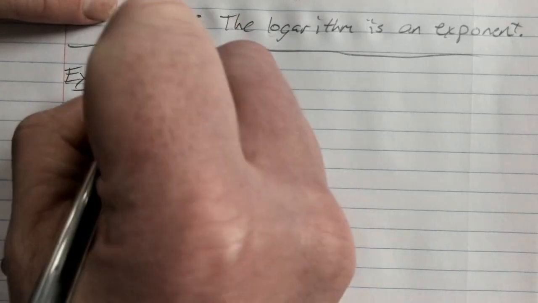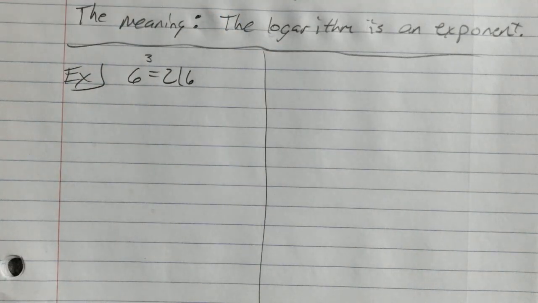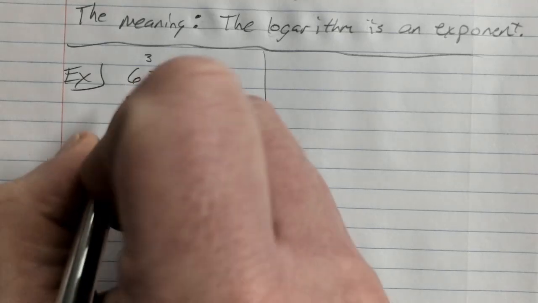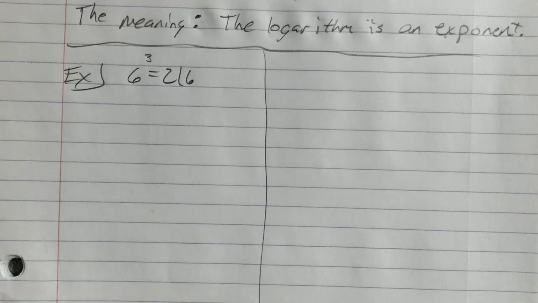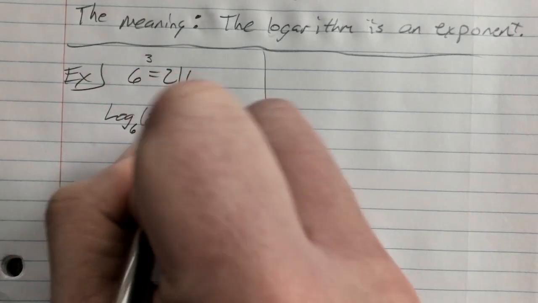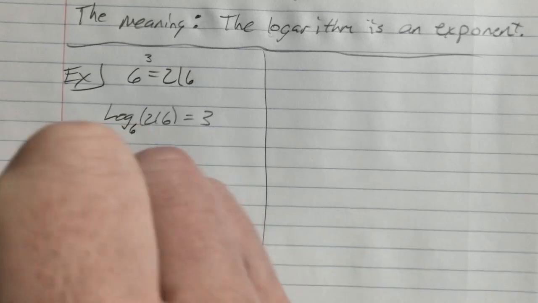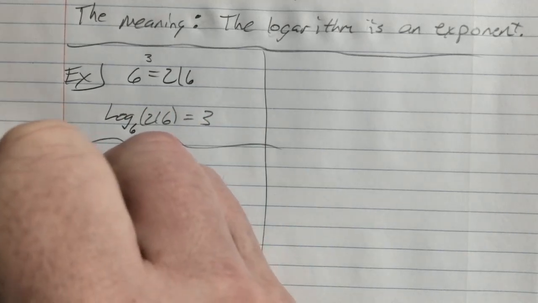We know that 6 to the third is 216, correct? Yes. I need you to rewrite that in logarithmic form. Log base 6 of 216 is 3. Really good. All right, Elvis.